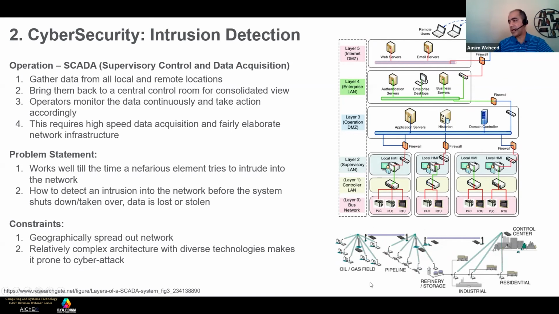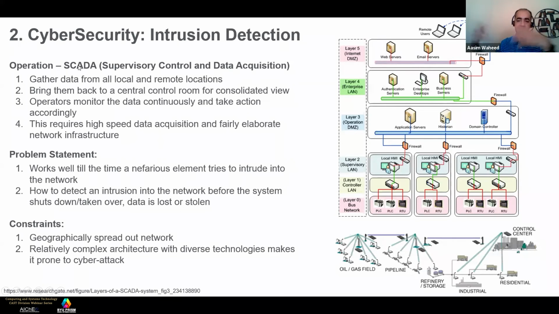Sorry about this small diagram, but the intent is not really this diagram. The idea here is that whether these are valves or pumping stations on the pipeline, or these are wells that are out there somewhere where the end user wants to get the data, all of that data has to travel from wherever it is geographically spread out into a central control room where somebody can sit and take a look at. That technology is not difficult. It exists. It's called a SCADA system.